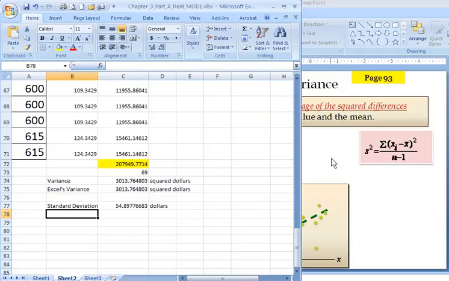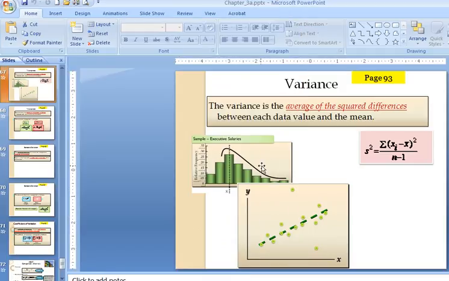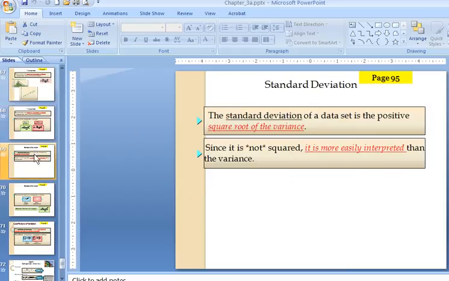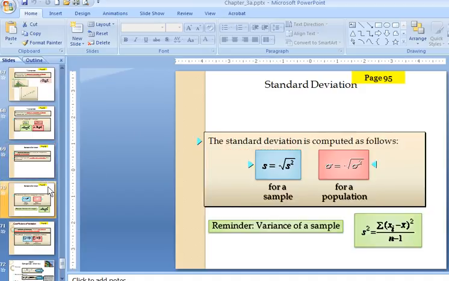Now, if you finish the slides that have been uploaded into the Desire to Learn system, then you'll see that we do continue on to calculate the standard deviation, okay, and that it is just simply the square root. As you do, you'll notice we have multiple formulas in there. Remember, today we talked about the importance of the symbols and explaining to the reader of our formulas that this is either for a sample or this is for a population.